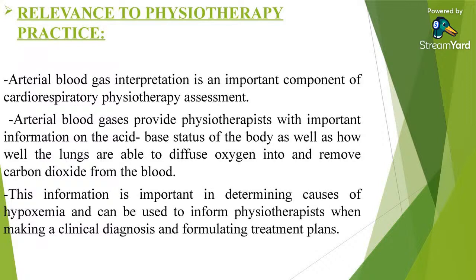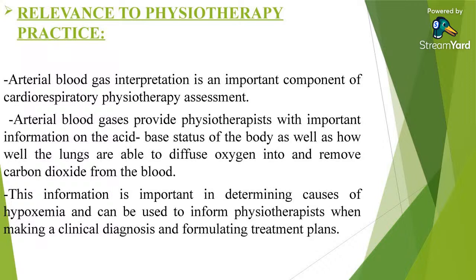Relevance to physiotherapy practice. Arterial blood gas interpretation is an important component of cardiorespiratory physiotherapy assessment. It will mainly help us to make an assessment for patients. Arterial blood gases provide physiotherapists with important information on the acid-base status of the body as well as how well the lungs are able to diffuse oxygen into and remove carbon dioxide from the blood.